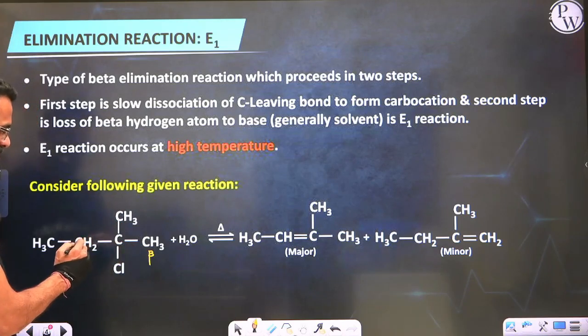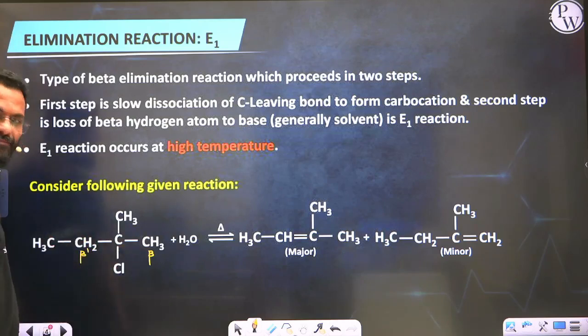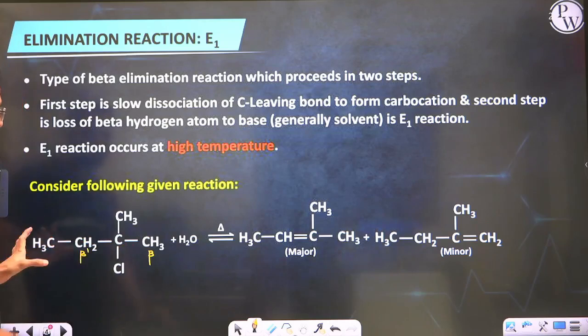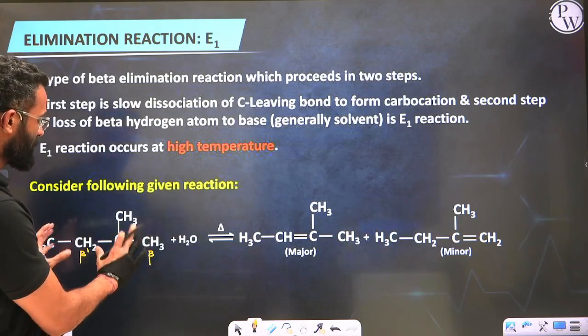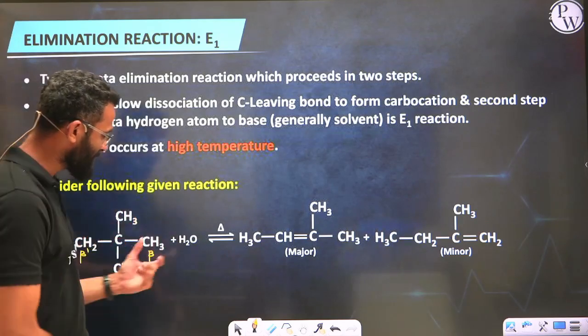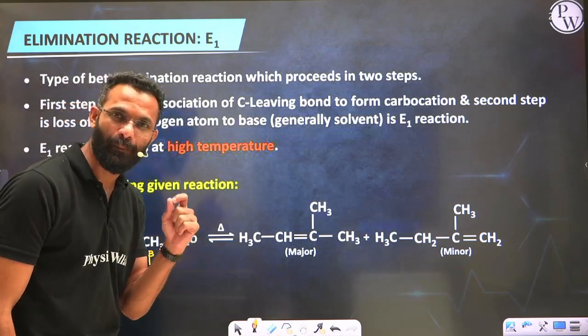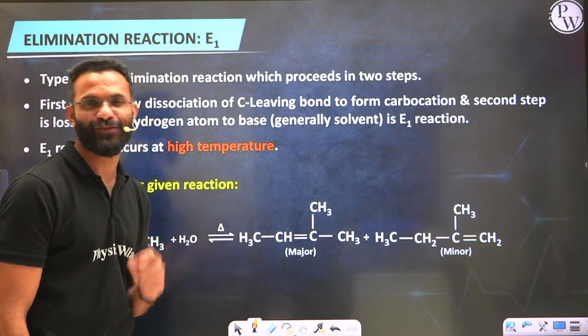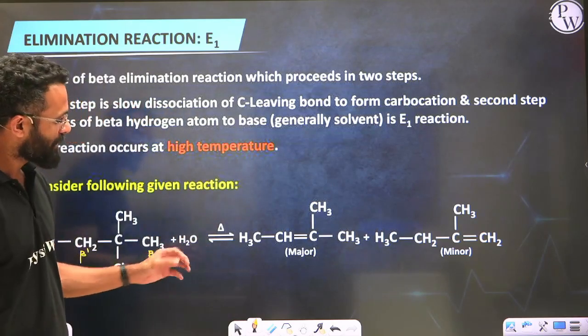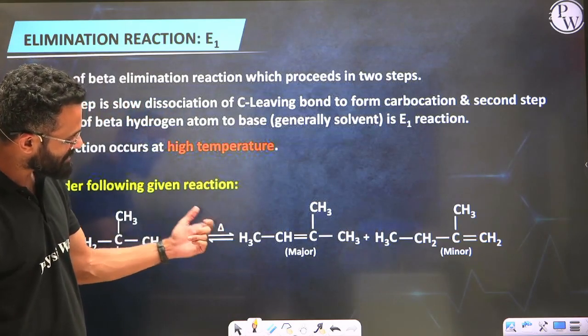On the other side, I have yet another beta carbon atom which is different from this beta, so let's call it beta dash. Now we have taken this alkyl halide to undergo the E1 reaction in the presence of water, which is going to act like a weak base. So the solvent itself is going to act like a base.